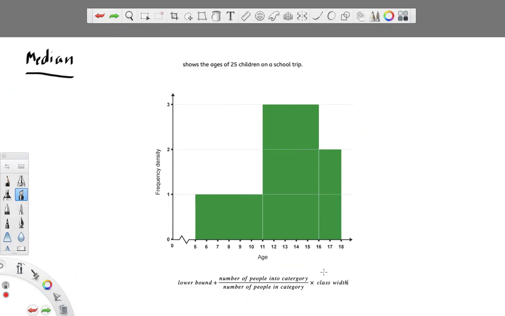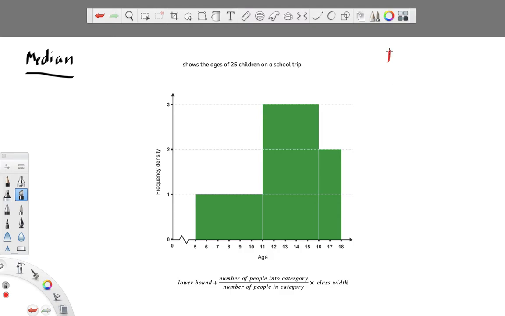Okay, so we're going to find the median of this histogram and the data of this histogram. So it says that the histogram shows the ages of 25 children on a school trip. Okay, so every time you get a question like this, start out by writing this equation down.